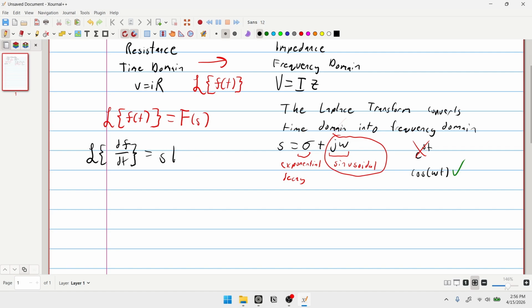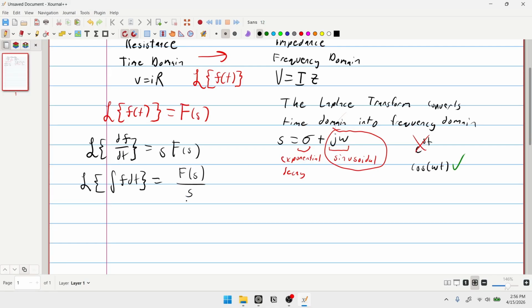Or we just multiply s to the function itself in the frequency domain. If we have the integral in the time domain, we'll get out just dividing by s in the frequency domain.